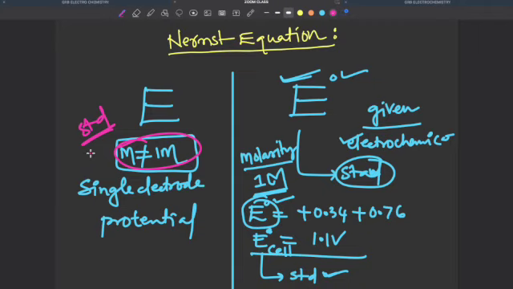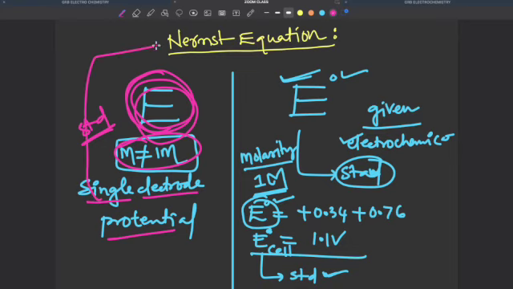Therefore, the electrode potential generated under other than standard conditions is called the single electrode potential. This single electrode potential is calculated using the Nernst equation. You can write the definition of the Nernst equation, it is a simple definition: the equation used to calculate the single electrode potential of any electrode is the Nernst equation.